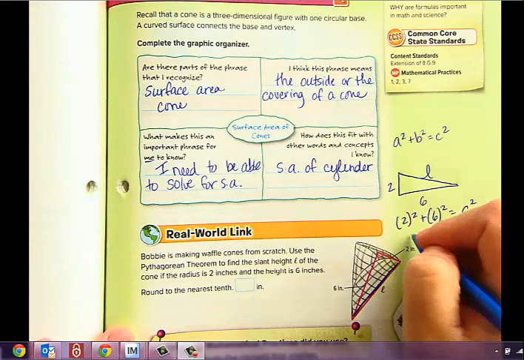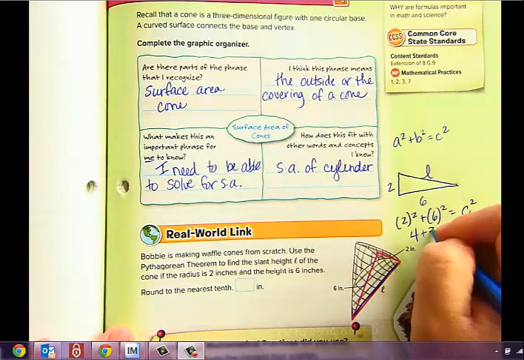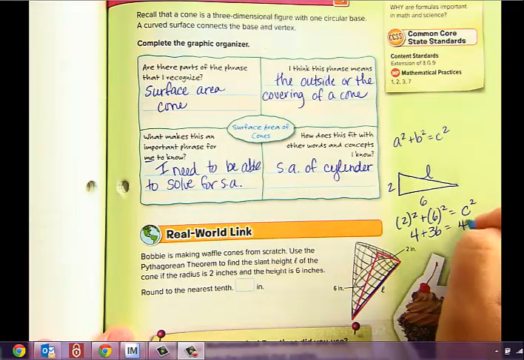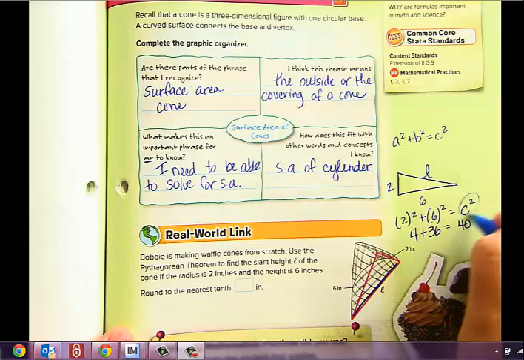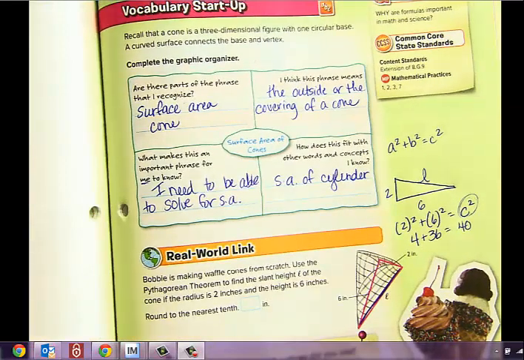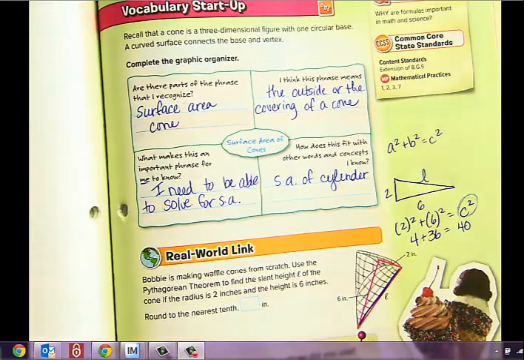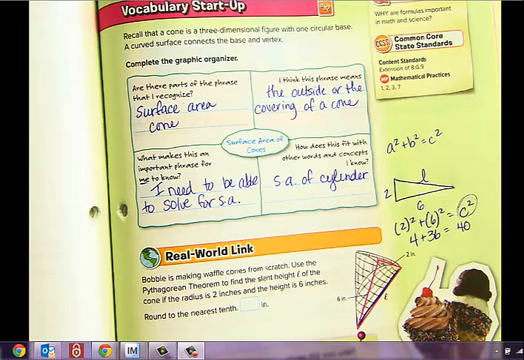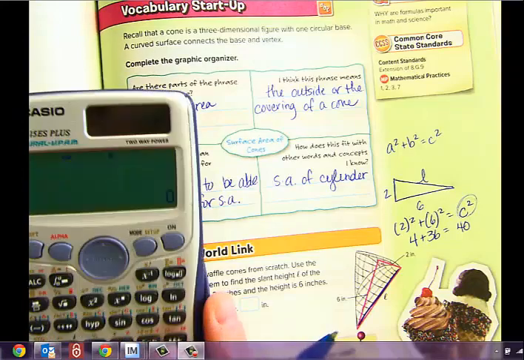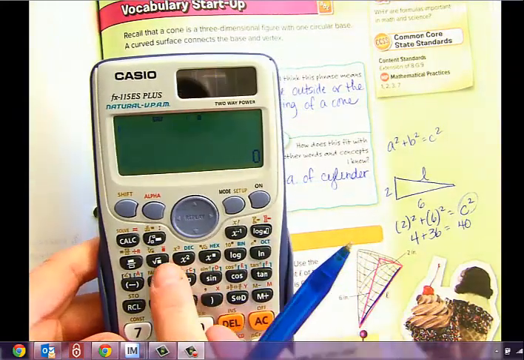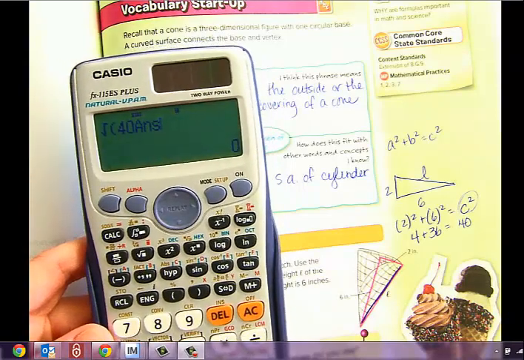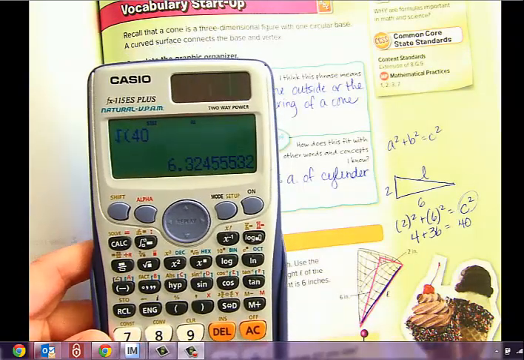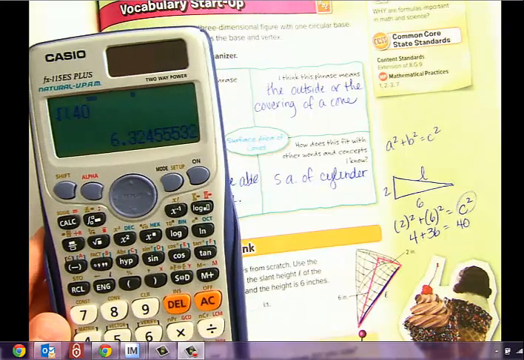Well, 2 squared is 4, 6 squared is 36, and when I add those together, I get 40. To find C, right now that is C squared, I want to find just plain old C, so I have to take the square root of 40. Because remember, to unsquare a number, you take the square root. So I'm going to find square root on my calculator. The square root of 40 is 6.32 and so on.